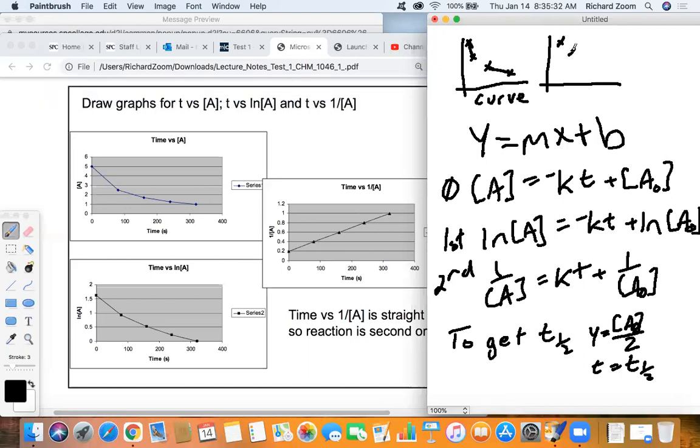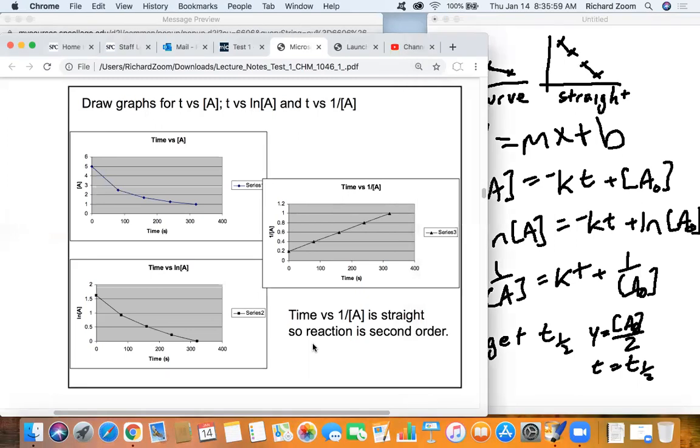But if I've got a straight line and I take the slopes between points in a straight line, you'll notice that they're going to be the same. So by using the slope method, we can actually determine whether a line is curved or straight without drawing a graph.